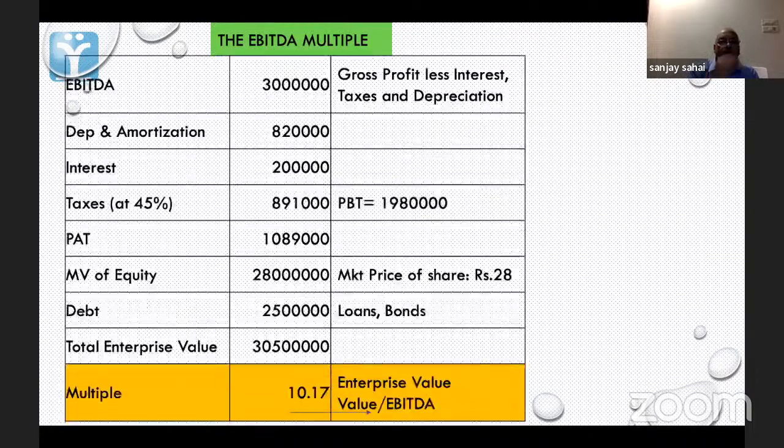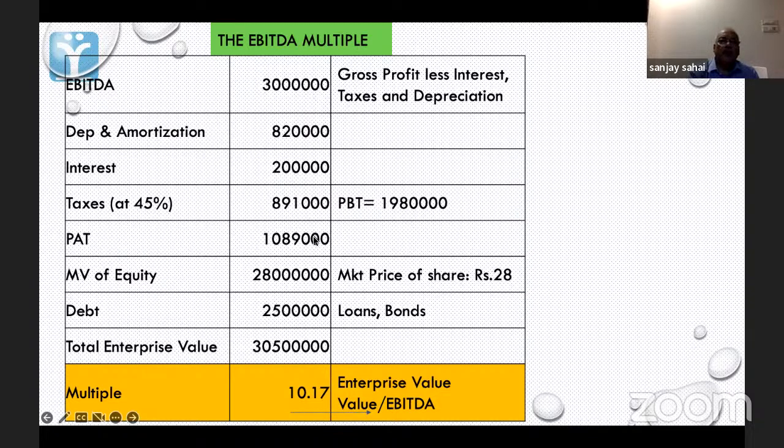Now, let's take a simple example. Let's say that the profit after taxes of a company is 10,89,000. Now, if you add back the taxes, the interest, and the depreciation and amortization, you are going to get the EBITDA.